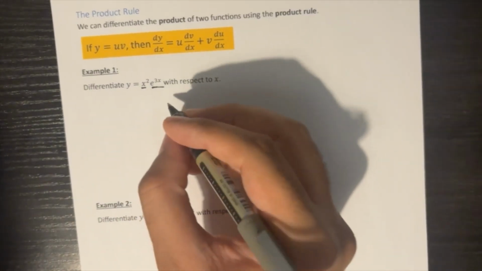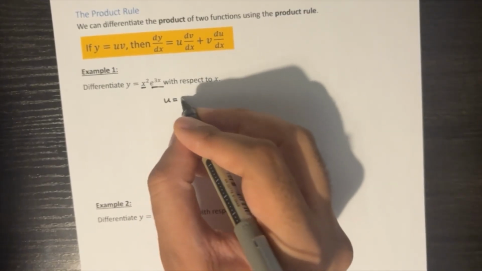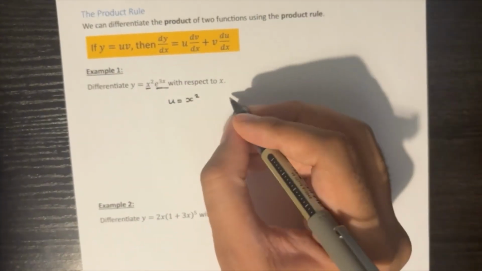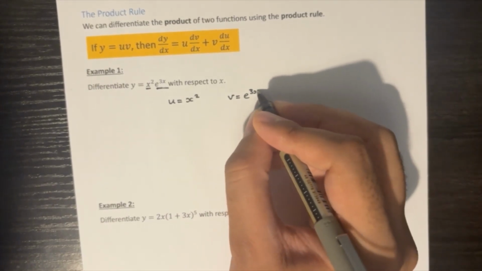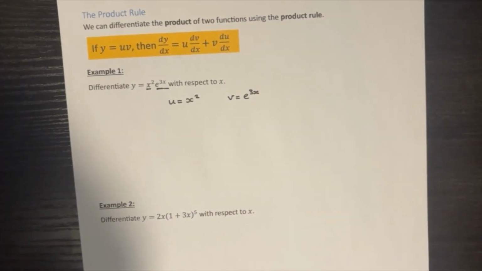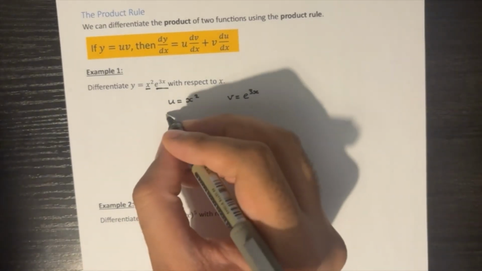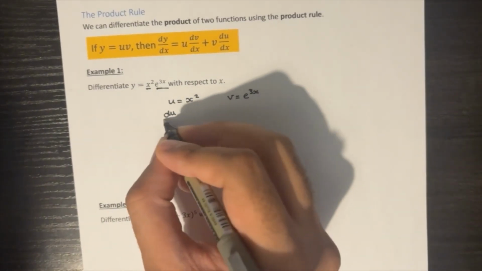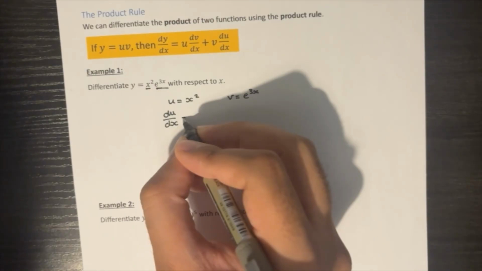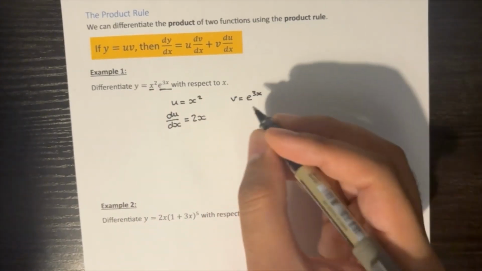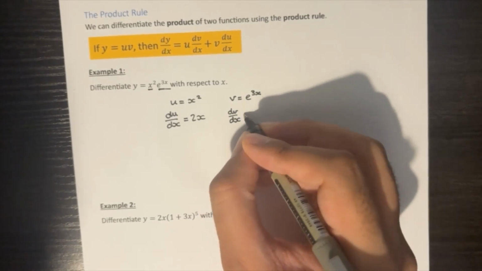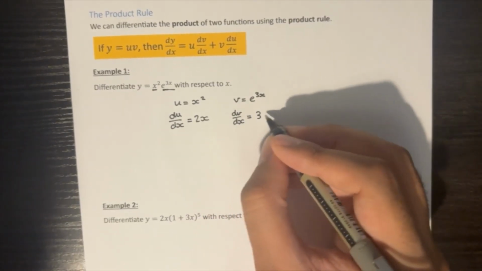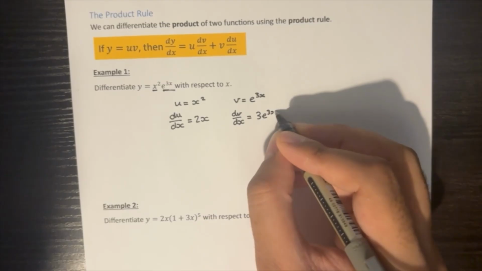So I'm going to let u equal x squared and v equal e to the 3x. Then if I differentiate each of these, du by dx is equal to 2x, and dv by dx is equal to 3e to the 3x.